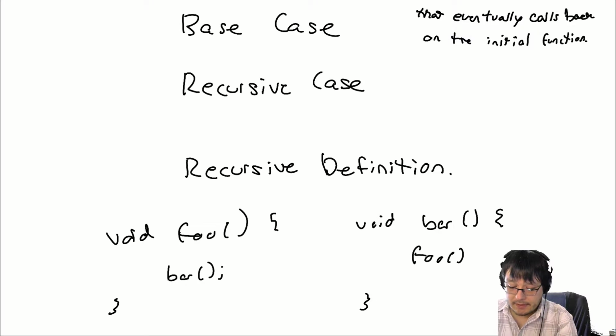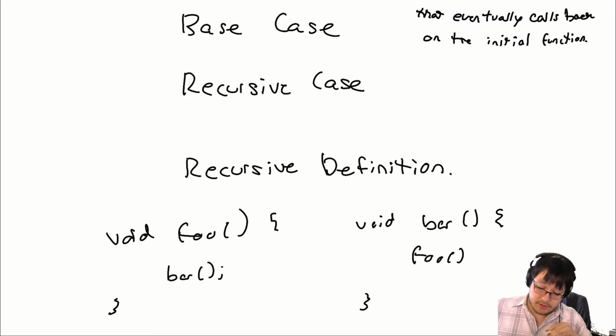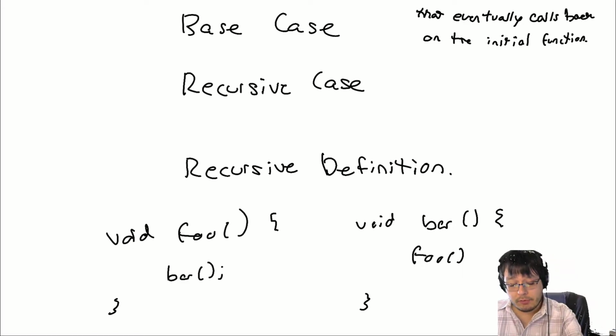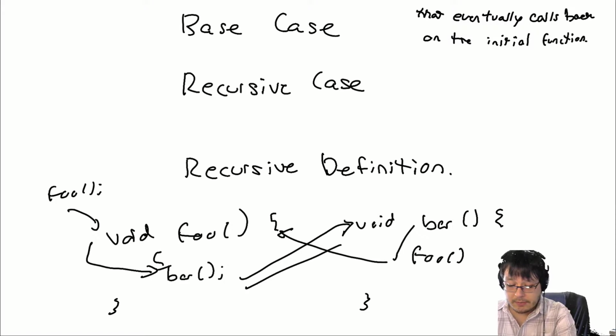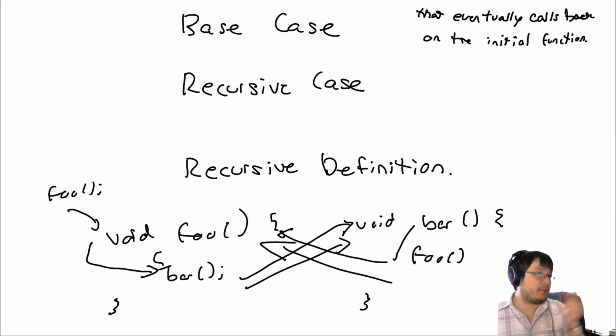Now, if you call either of these functions, it's going to be like playing ping pong, bouncing back and forth. When I call foo the first time from main or whatever, it runs this code, goes to bar and runs that code, then goes to foo and runs that code. So you can see it's just bouncing back and forth.